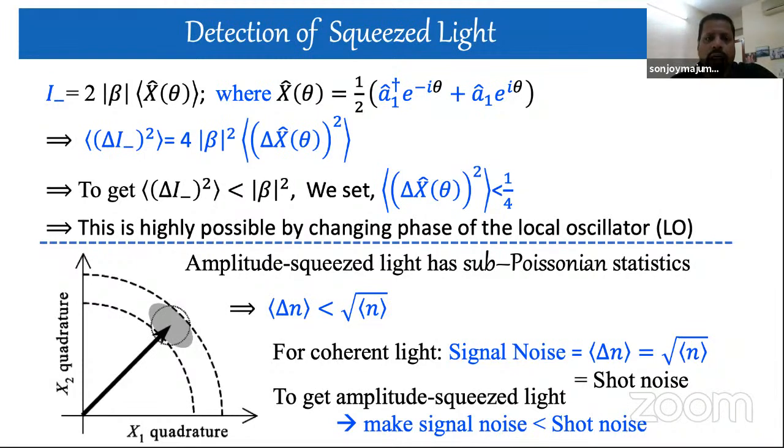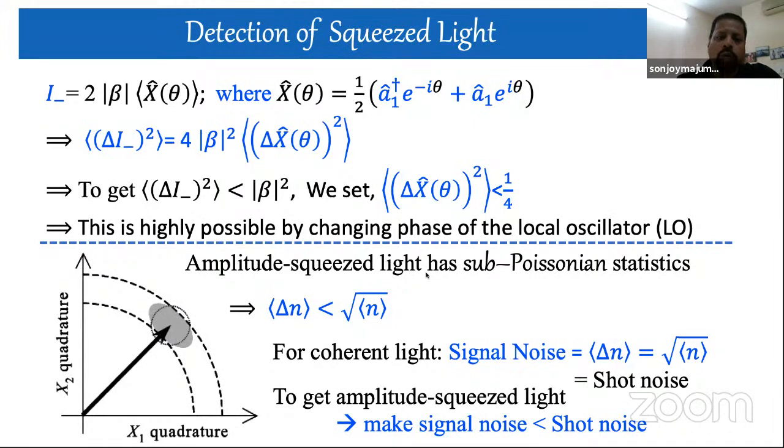What I would like to discuss today is a continuation of the squeezed state, but it will give you some kind of statistics of the photon. As you have seen in the last class, the squeezed state is purely quantum in nature.